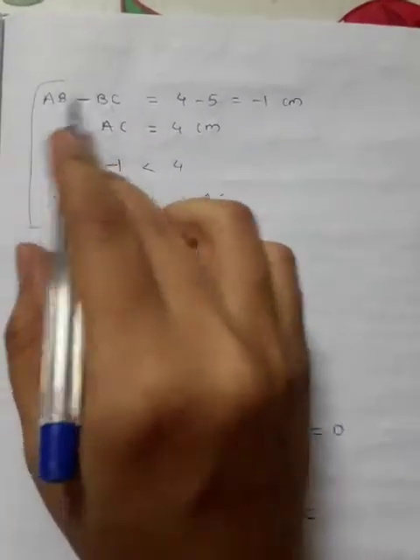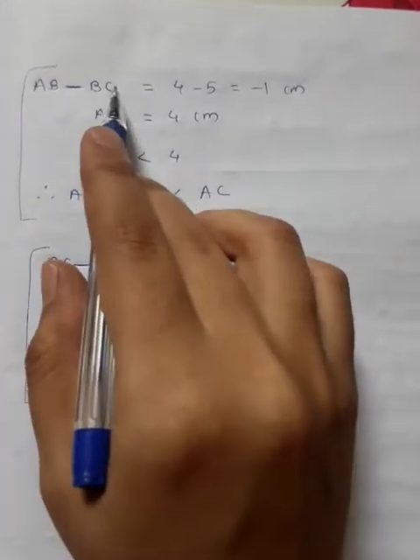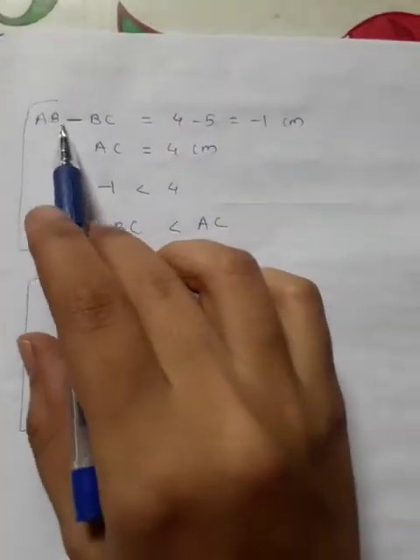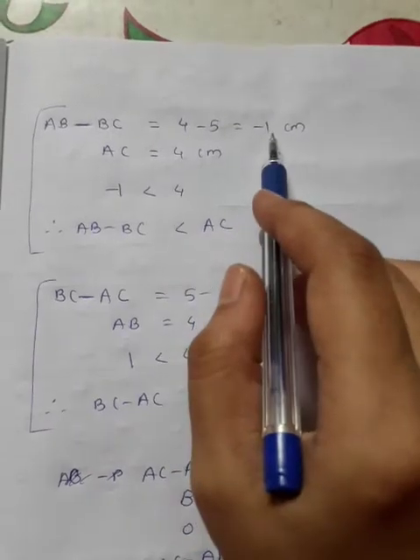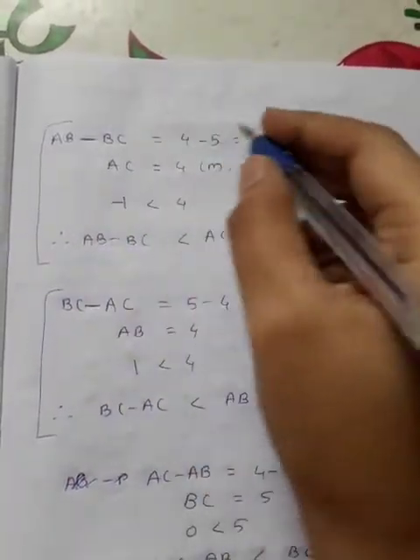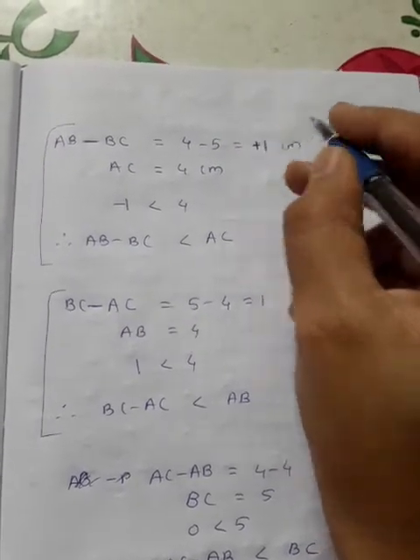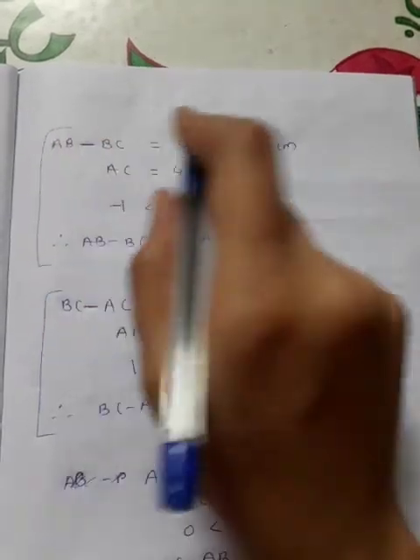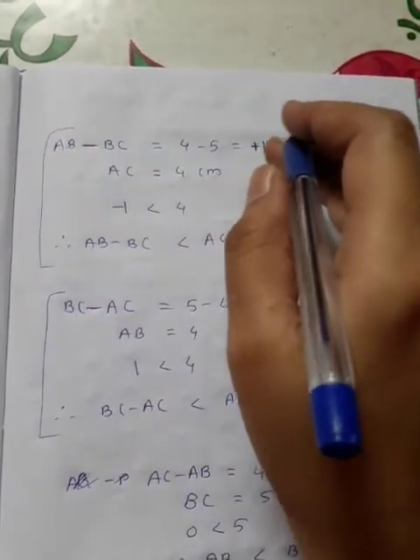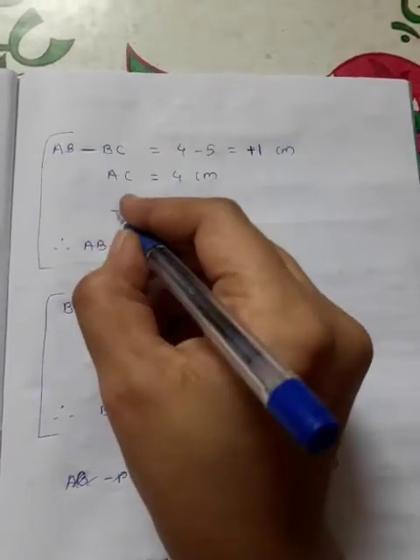If you find the difference between any two sides of a triangle, here if you find the difference between AB and BC, we get minus 1 centimeter. We count the difference as positive, so the difference between these two sides is 1 centimeter, and the third side is AC, that is 4 centimeter.